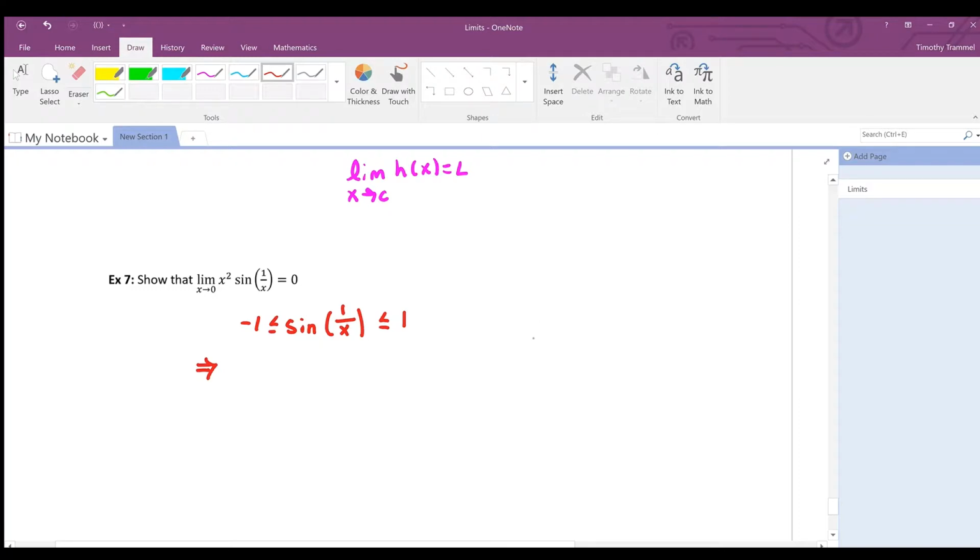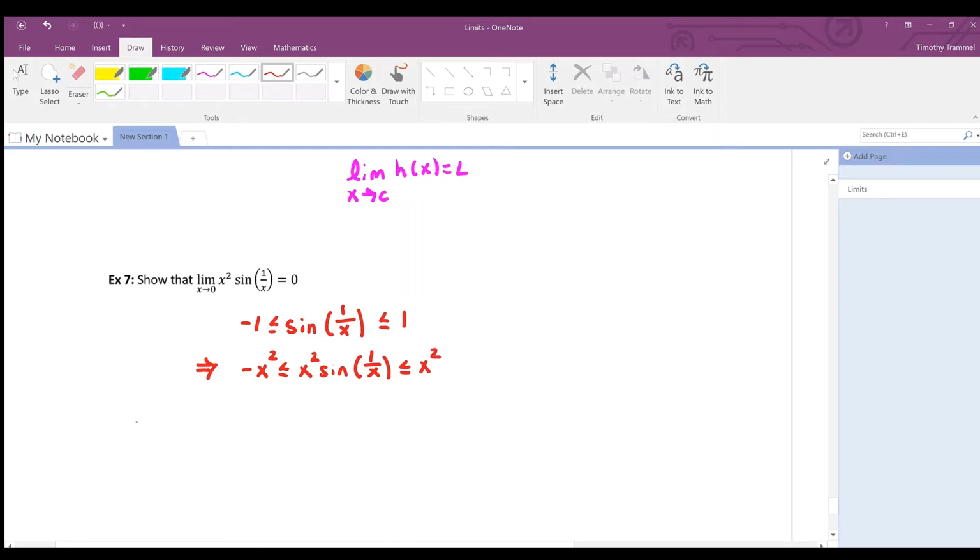If we do that, note that x squared is greater than or equal to 0. This is important because if x squared could be less than 0, then it could flip some of these inequality signs, and we don't want that. So we have minus x squared less than or equal to x squared sine of 1 over x, which is less than or equal to x squared.